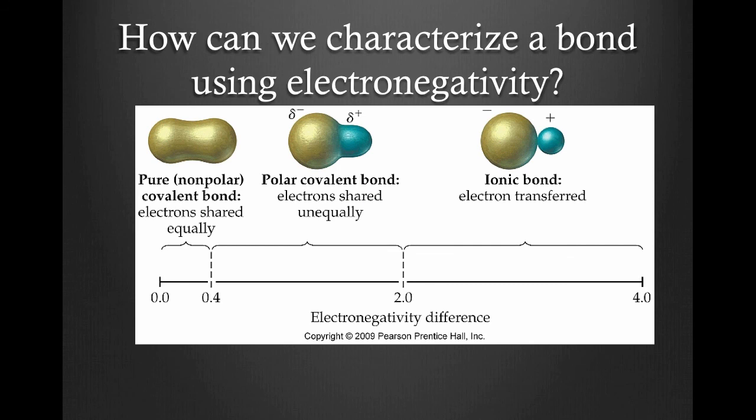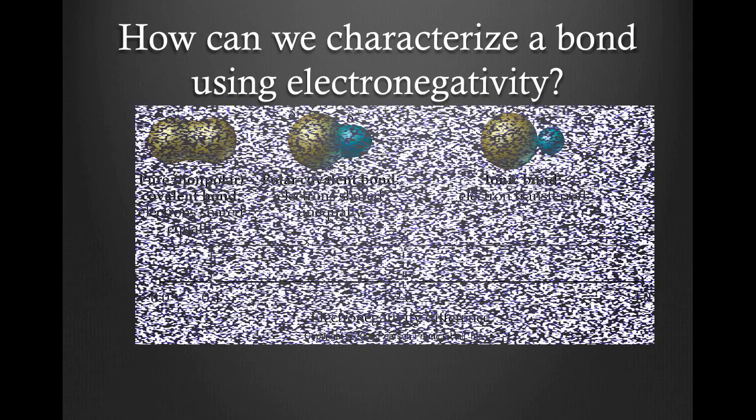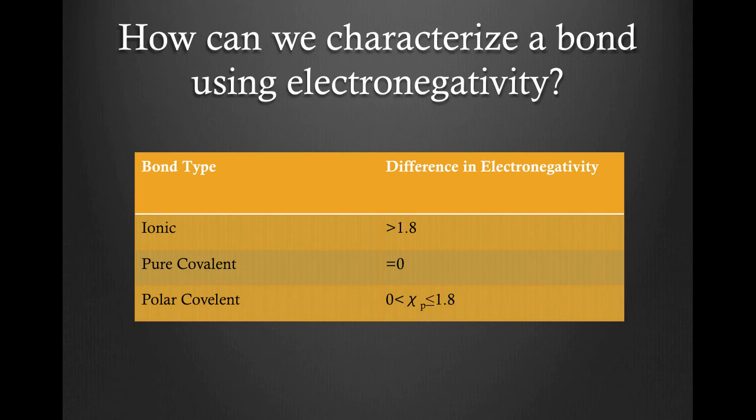There's no more sharing. The electron will move from the less electronegative atom to the more electronegative atom. So this is a guideline for how we can characterize a bond as either ionic, polar covalent, or pure covalent. These are the guidelines that we're going to use from your book. An ionic bond has a difference, so I subtract the electronegativities of the two atoms and it's greater than 1.8.